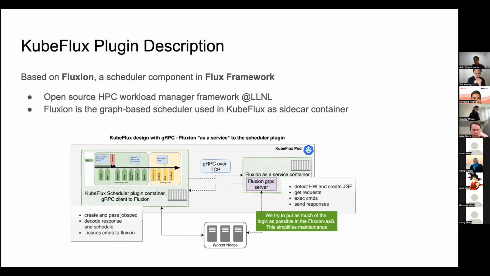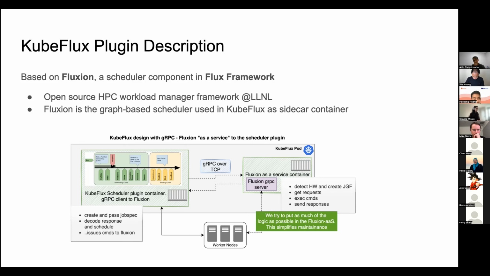So okay. But if your scheduler is running as a plugin, my understanding, as a plugin to the current Kubernetes scheduling framework, is it possible for two schedulers to be running at the same time and managing the same cluster resource?